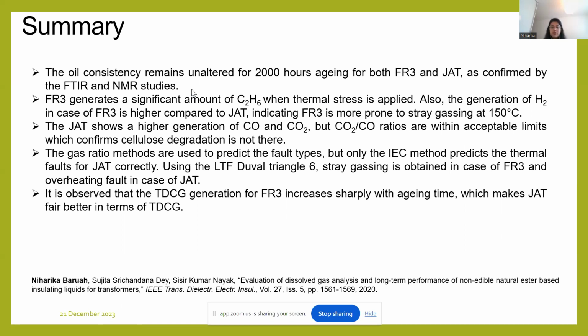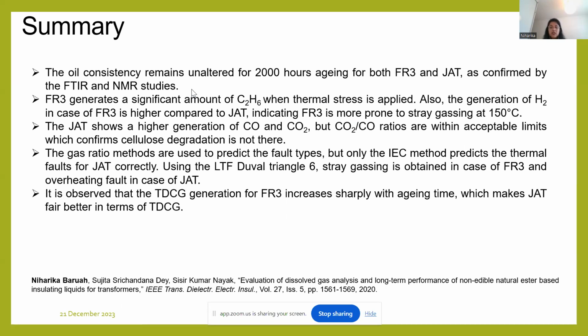FR3 generates quite a significant amount of ethane when thermal stress is applied. Also, the generation of hydrogen in the case of FR3 is high as compared to Jatropha, indicating FR3 is more prone to stray gassing at 153 degrees Celsius. Jatropha shows higher concentrations of carbon monoxide and carbon dioxide, but the ratio is also important when we are talking about dissolved gases.